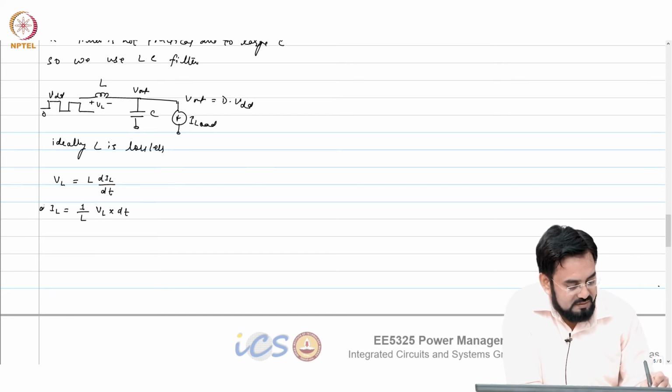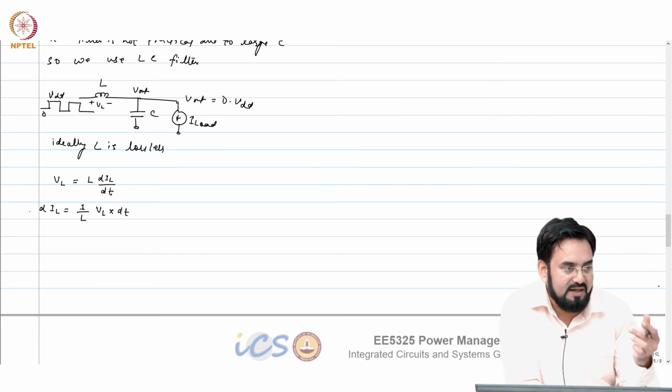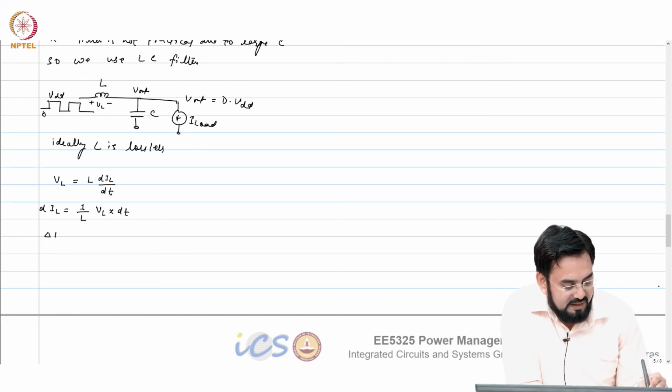Okay, correct. I am looking at a small signal, so if I look at the delta component only, I write delta IL equals 1 over L integral of VL dt.